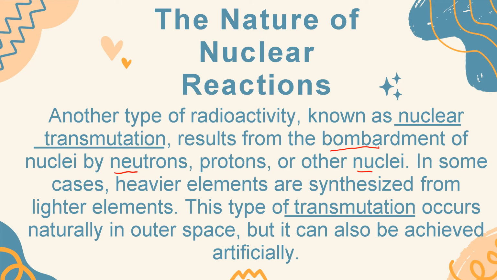In some cases, heavy elements are synthesized from lighter elements. This type of transmutation occurs naturally in outer space, but it can also be achieved artificially. So what do we mean by nuclear transmutation, aside from this definition?